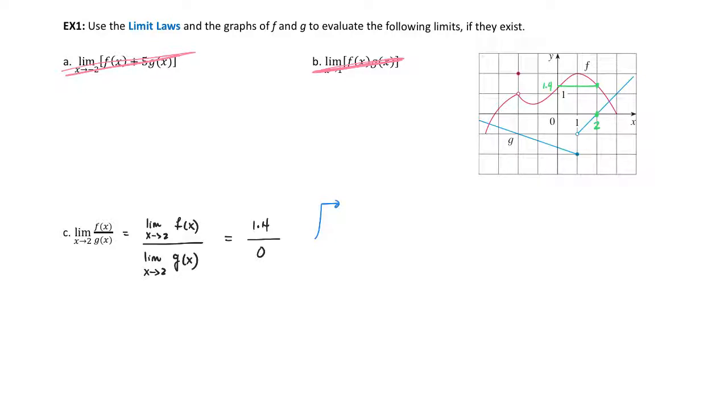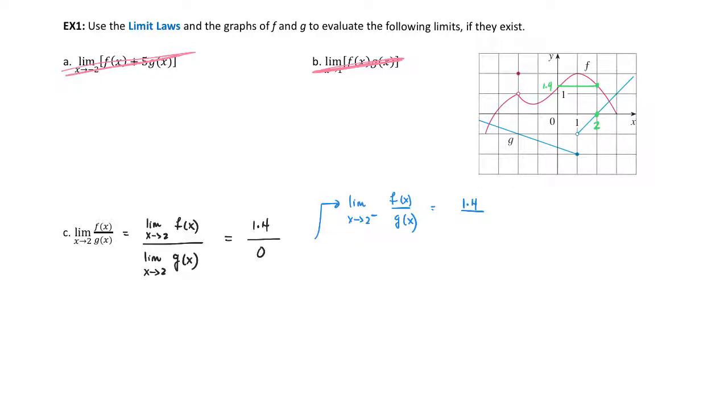All right, so case number 1. What happens to the limit as x approaches 2 from the left of f of x divided by g of x? Let's do the numerator first. As x approaches 2 from the left, the numerator is approaching 1.4, and the denominator, if you notice over here, is approaching 0, but from below the x-axis.